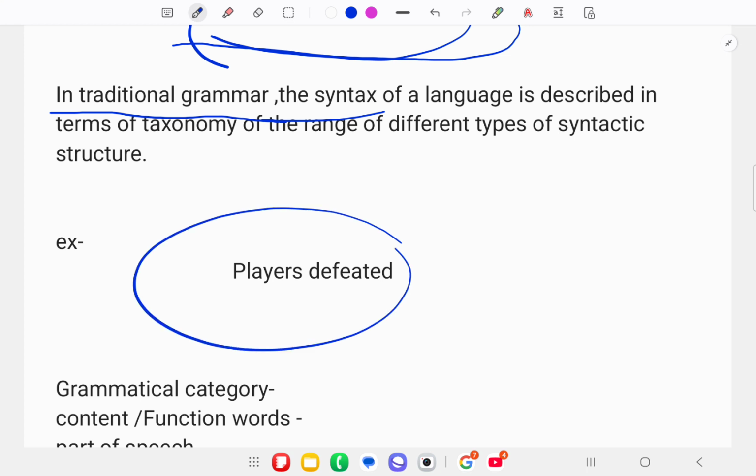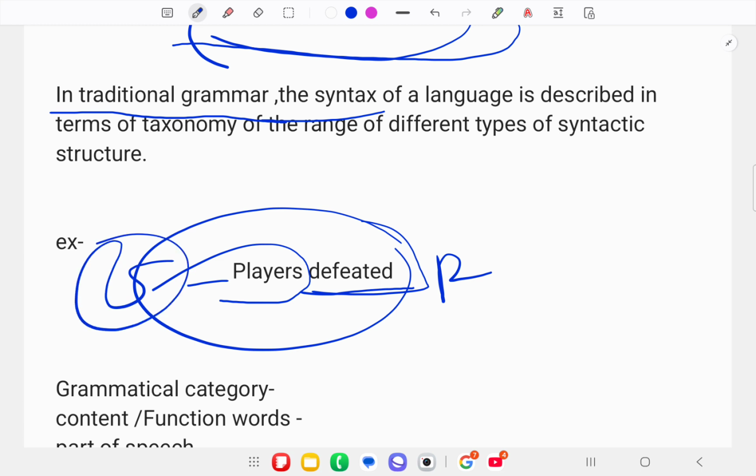In a finite declarative clause, a nominal subject is always followed by the verbal predicate. This is the verb predicate and this is the subject. So in a finite declarative clause, a nominal subject is followed by the verbal predicate.